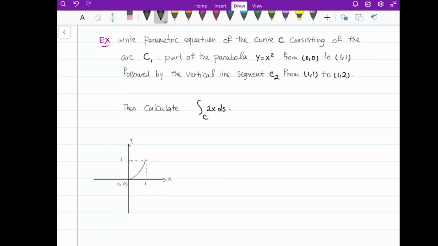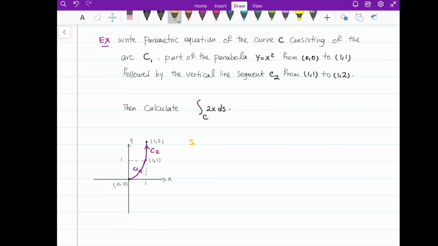The point 0, 0, the point 1, 1 is right there. So the direction of the curve is like this. And then I have the line segment from 1, 1 to 1, 2. So just assume that this is the point 1, 2. That is the point 1, 1. So this part in here is C2. This is C1, this is C2. Together they would be the curve C.